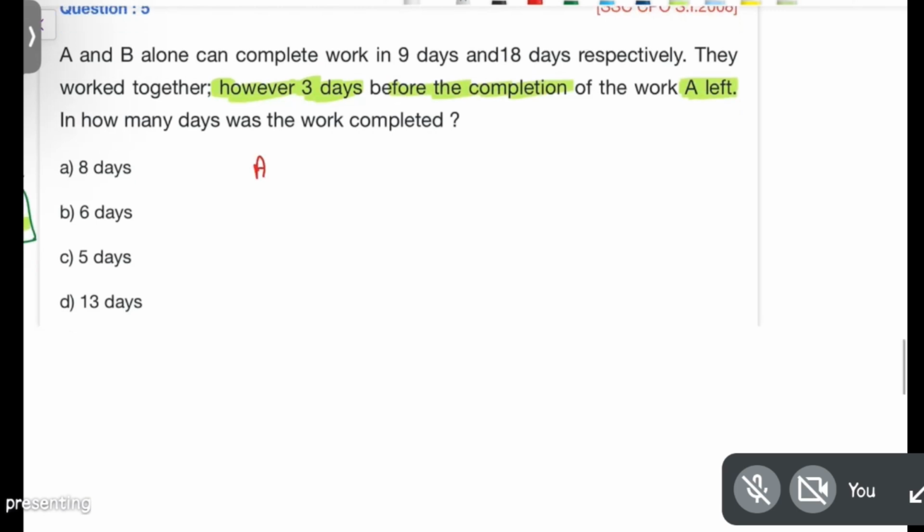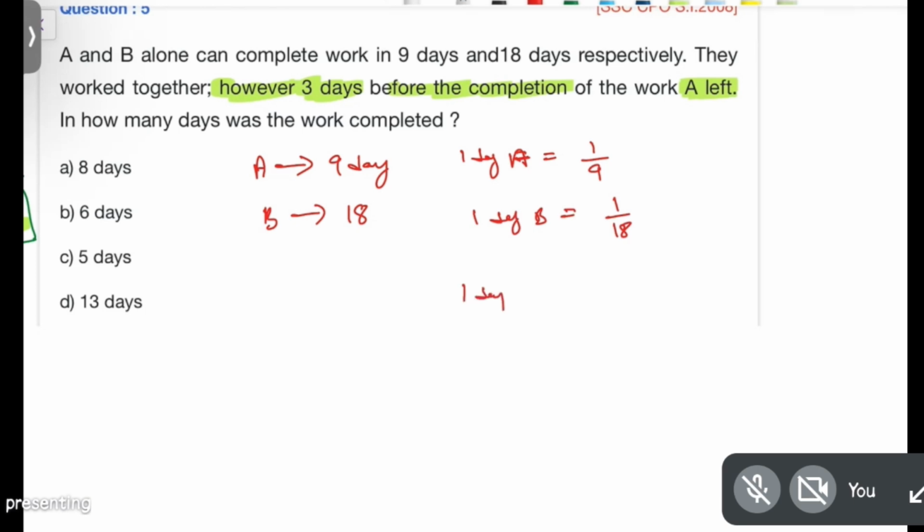A alone can finish it in 9 days, and B alone can finish it in 18 days. So 1 day work of A is nothing but 1 by 9, and 1 day work of B is nothing but 1 by 18. So 1 day work of A and B together is how much?